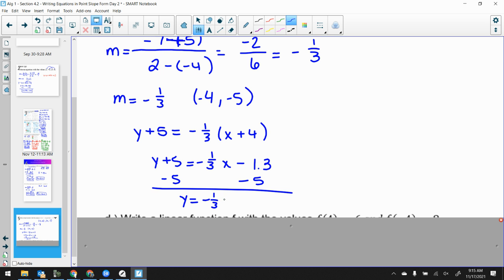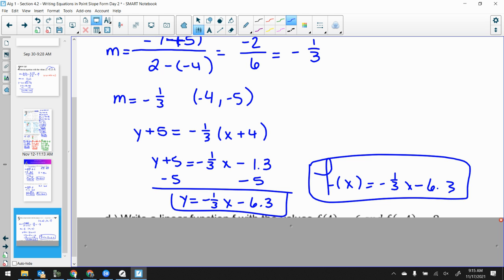So y is equal to -1/3 x minus 1.3 plus 5, because this was a y minus a negative 5. In function notation, -1/3 x minus 1.3. Okay.